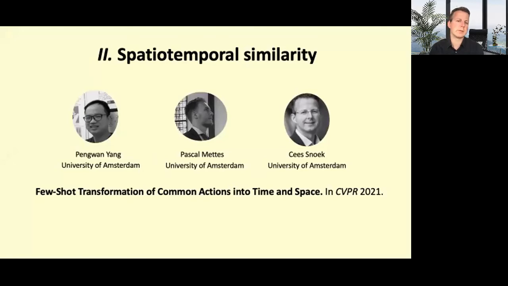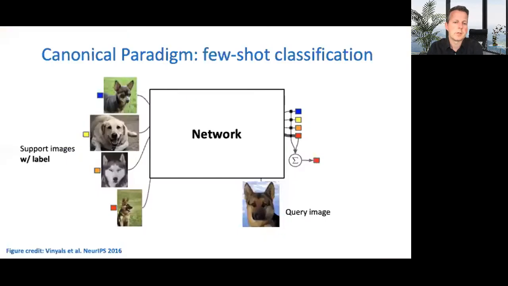Next, we're going to look into spatiotemporal similarity. This is again a CVPR 2021 paper together with Pengwan Yang and Pascal Mettes, both from my team at the University of Amsterdam. We consider the problem of few-shot classification.